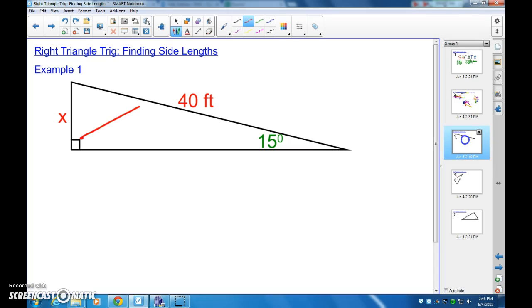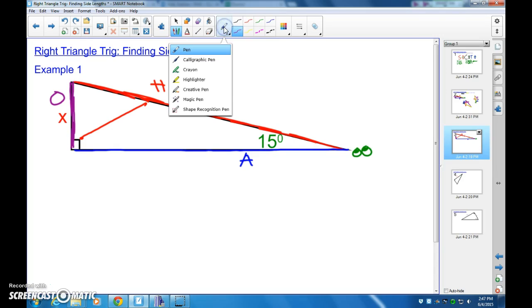Always opposite the 90, or on the other side of the 90, is the hypotenuse. If my eyeballs are right here at the 15 degrees, I will have this be my attached side, which leaves all the way over here to be my opposite side.